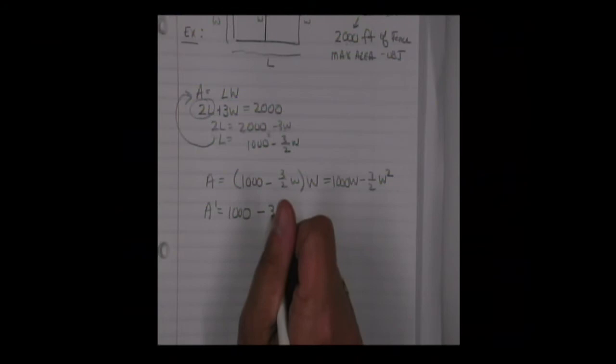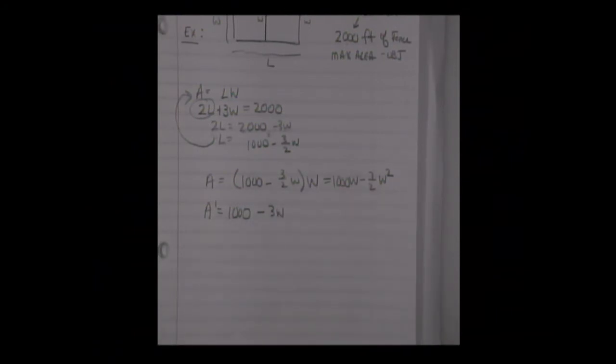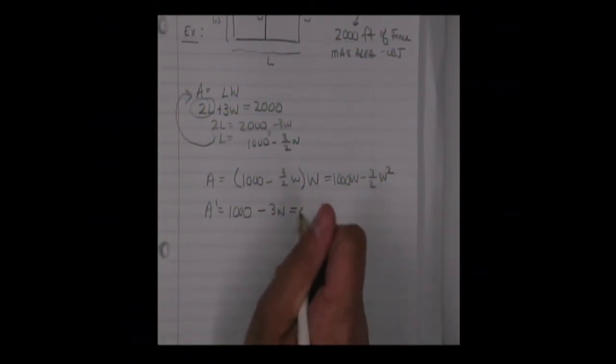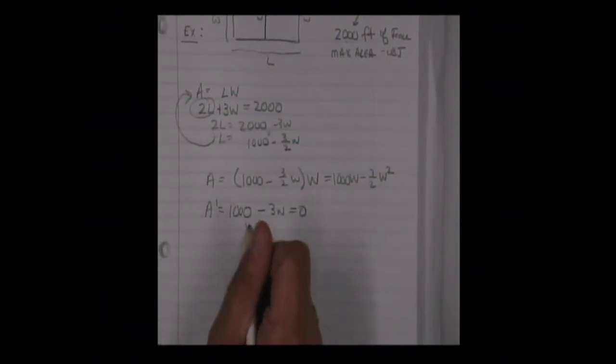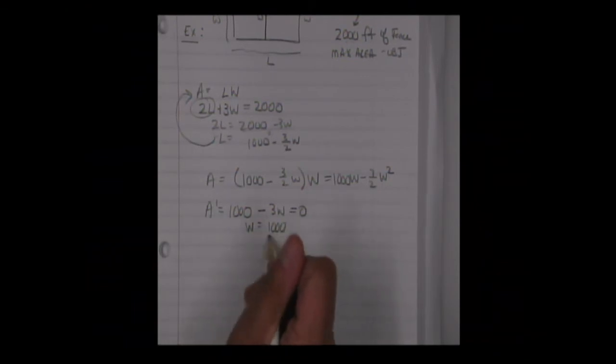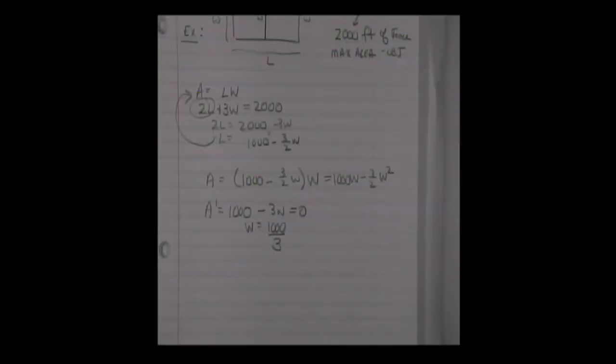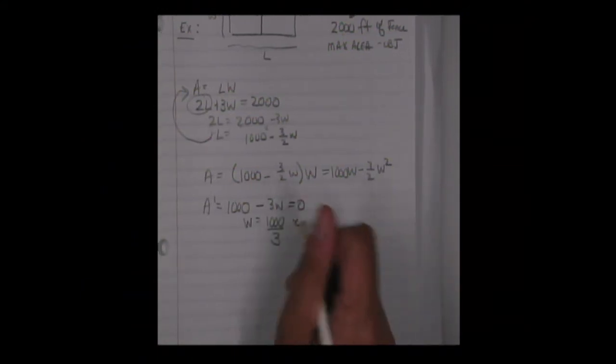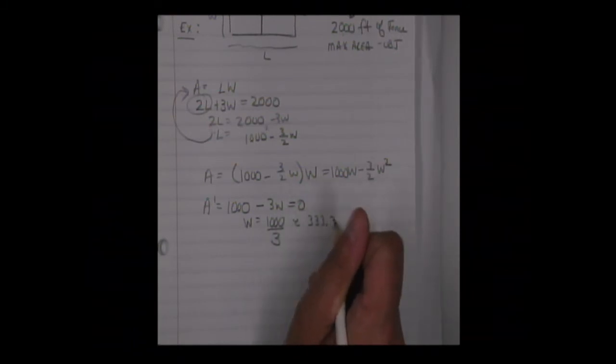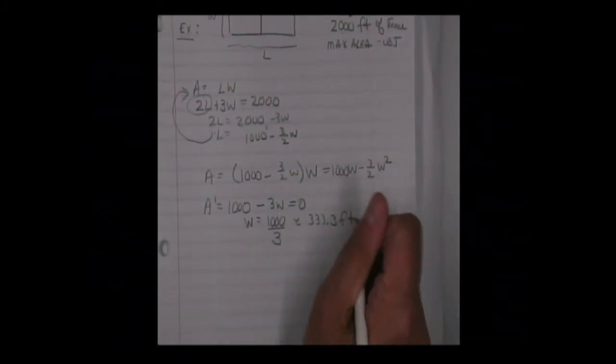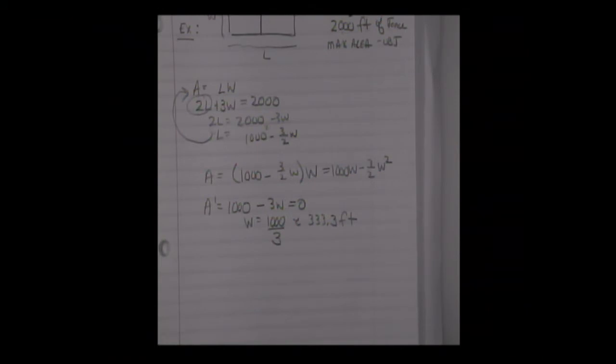Take the derivative: 1,000 minus 3W. Set the derivative equal to 0. And so we get W is 1,000 over 3, in other words, approximately 333.3 feet for the width.